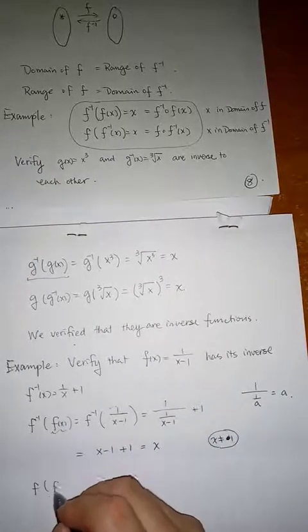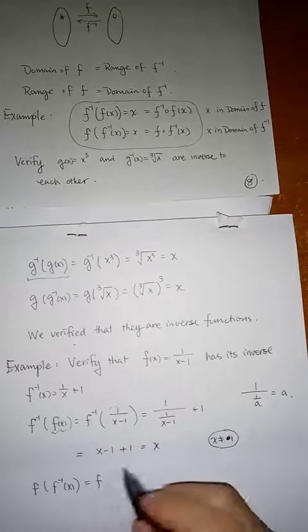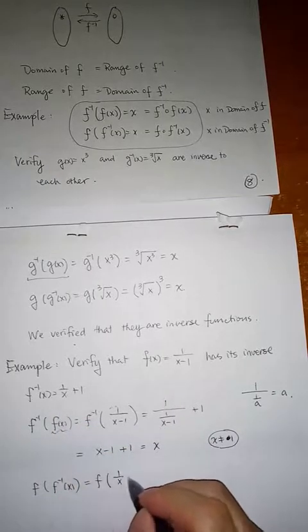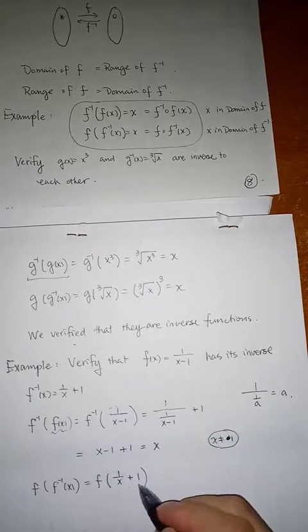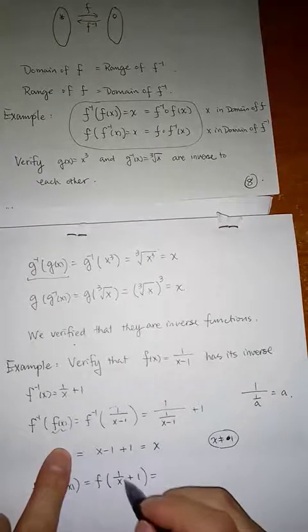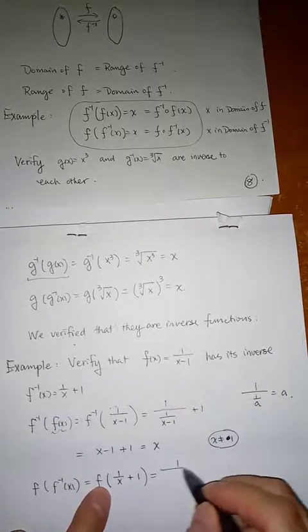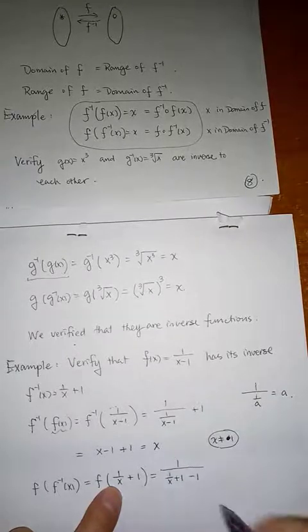And if we verify the other identity, f of f inverse, what is f inverse? 1 over x plus 1. So f of 1 over x and plus 1. And then you apply f to this expression. This expression is big X here, so you have 1 over x, minus 1.